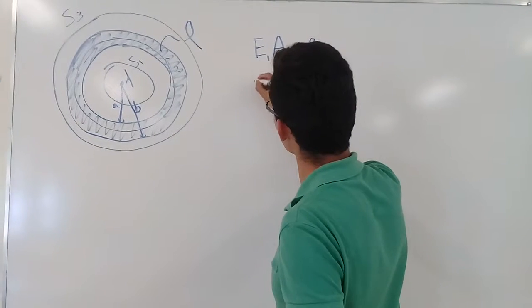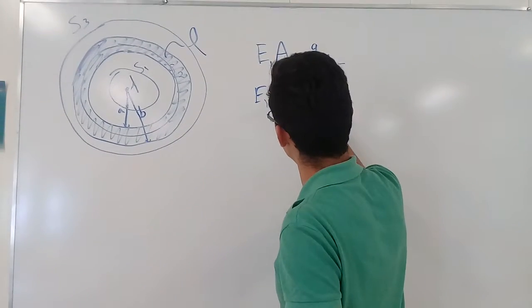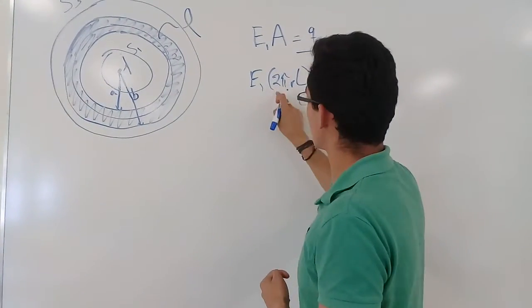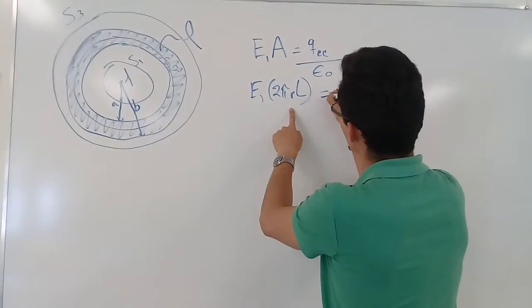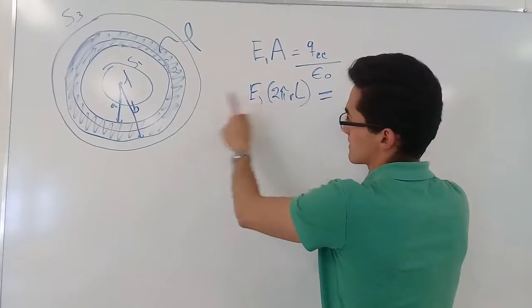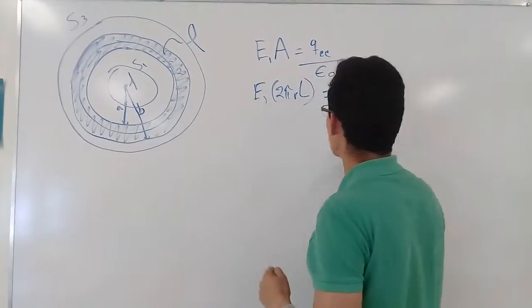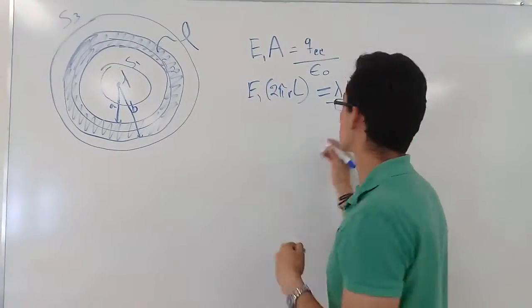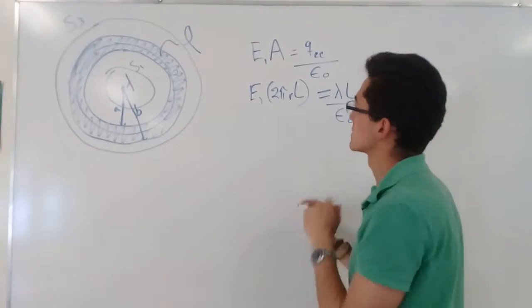But the area will be exactly the same as 2 pi r L. This is the area of the cylinder. And this will be exactly the same as lambda, that is our linear density, times the L, that is the length of the cylinder, divided by our constant.